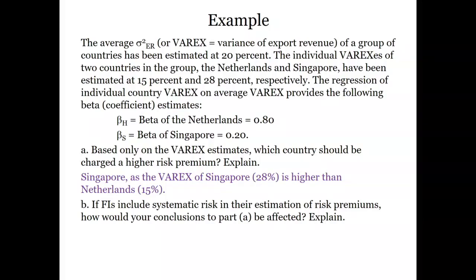So in that case, if you consider constructing a portfolio, which one is going to provide more benefit? Singapore, right? So Singapore is going to provide higher diversification benefits because even if there's something wrong with the global economy, Singapore is affected less, and gives you relatively more stable income, right?